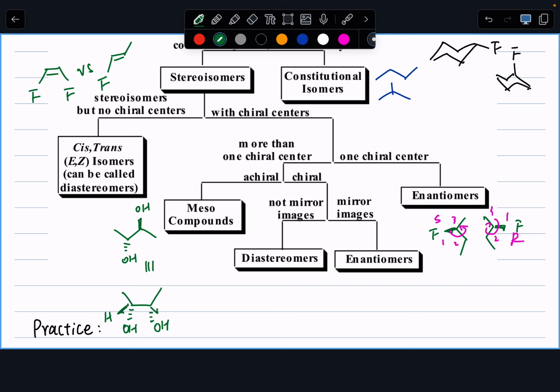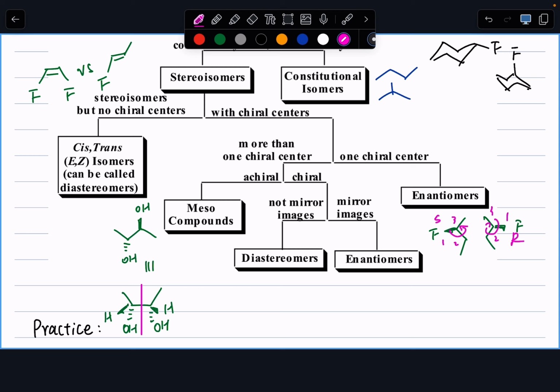My hydrogen wedged out. And we have an internal mirror plane, and thus my molecule is a meso compound. Again, meso is a molecule with multiple chiral centers, but you have an internal mirror plane, making it an achiral molecule.